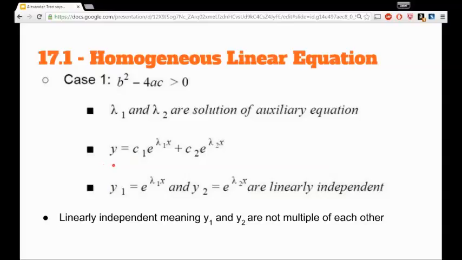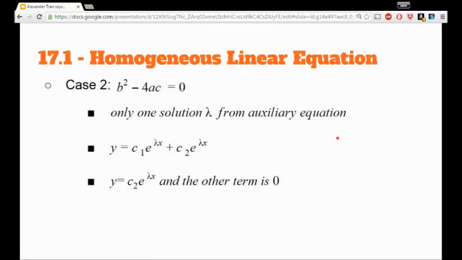So we have a solution of y equal to c1 e to the power of lambda 1 x plus c2 e to the power of lambda 2 x. We have these two different lambdas because they are both solutions of the equation and they are linearly independent, meaning y1 and y2 are not multiples of each other.